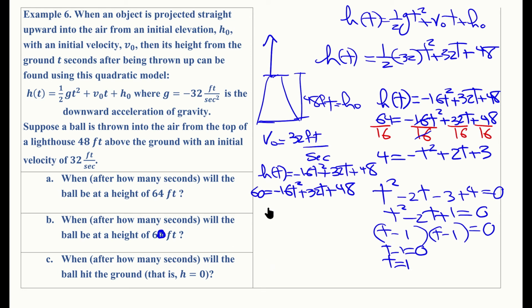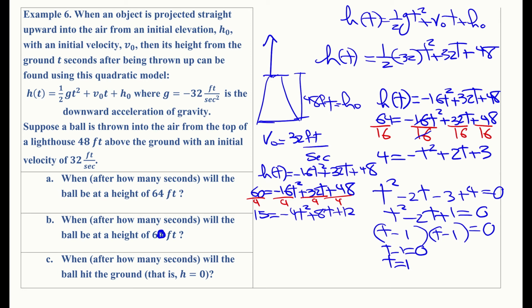Yeah, I believe we can do 4. At least 4 goes into all the terms. So we can divide both sides by 4. So we end up with 15 equals negative 4t squared plus 8t plus 12.